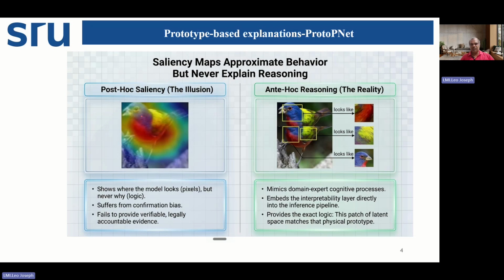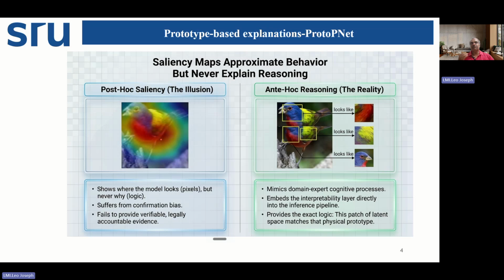Since the model looks at so many parameters, outside, inside, and close, only one portion is superimposed. So the model is looking somewhere, around the neck portion or the wing portion. We are showing only where the model is looking, but we are not explaining the logic of why the model is looking at that portion.